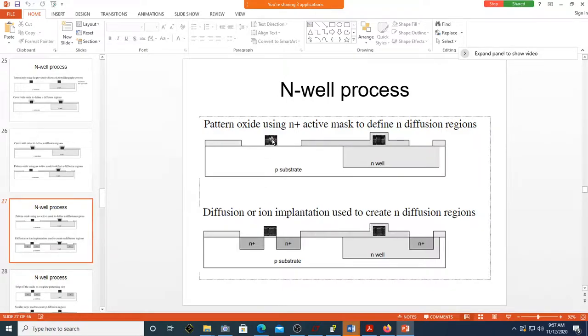Are you exposing polysilicon, this, and this during the diffusion process? Yes, sir. Can you see this polysilicon is also exposed? Polysilicon is nothing but a silicon with different amorphous proportion.